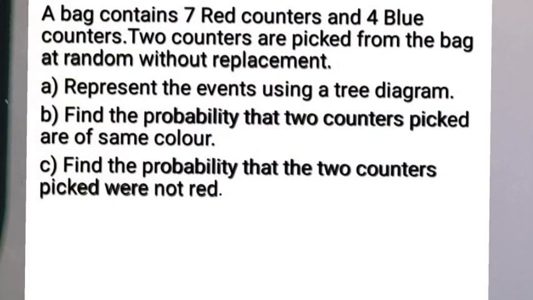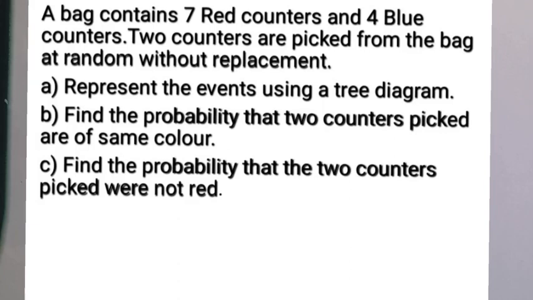Now, today we want to look at some computation of a question here on probability, simple probability. And we have a question that reads, a bag contains 7 red counters and 4 blue counters. 2 counters are picked from the bag at random without replacement.